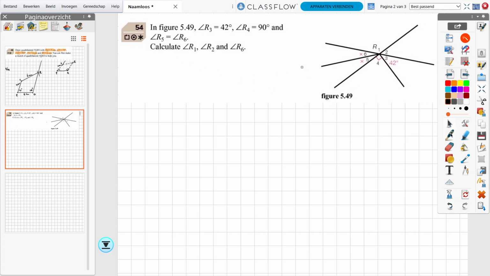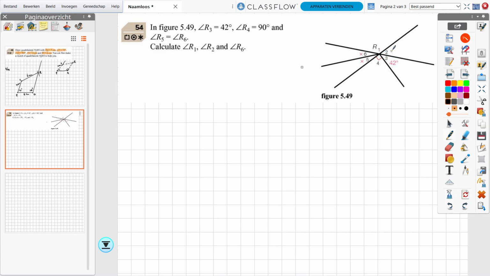Okay, this one. R1 is right here, so I don't know, for example, R2, because if I knew R2, actually I do think I can find R2, by the way, but let's take a look at it later. I could do the straight angle rule here, and I know I can do that because if you take a closer look, you'll see that I know R4 and R3.